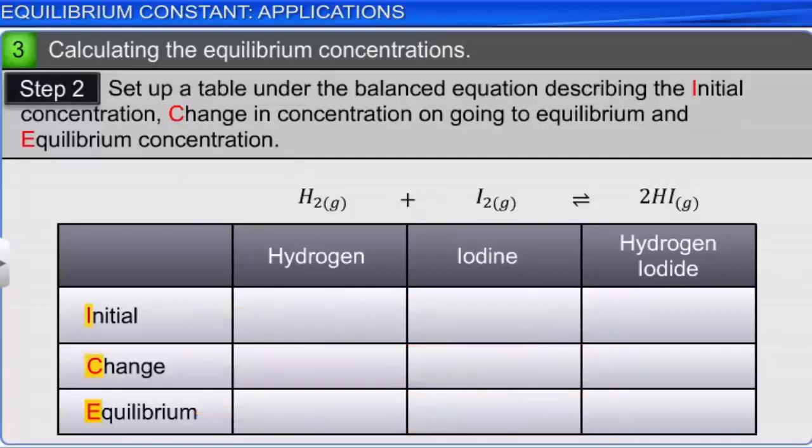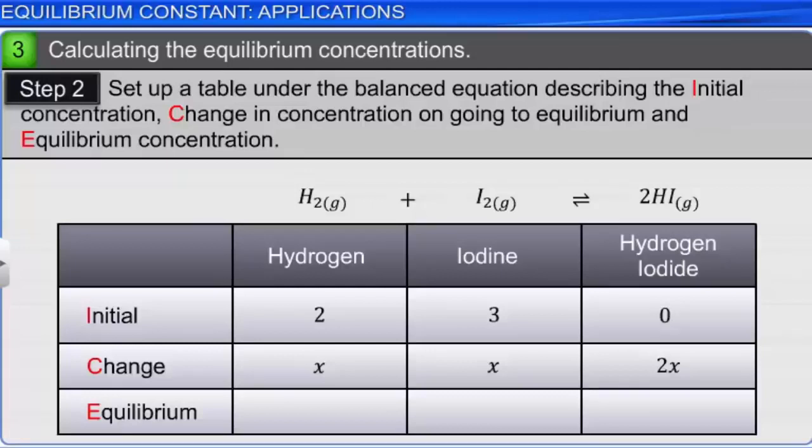In constructing the table, use x to show the change in concentrations of the species. Use the stoichiometry of the reaction to determine the concentrations of the other substances in terms of x. The ICE chart for the given problem is: the initial concentrations of hydrogen and iodine in the reaction mixture are 2 moles and 3 moles respectively, while it is 0 for hydrogen iodide as it is not present at the beginning of the reaction.